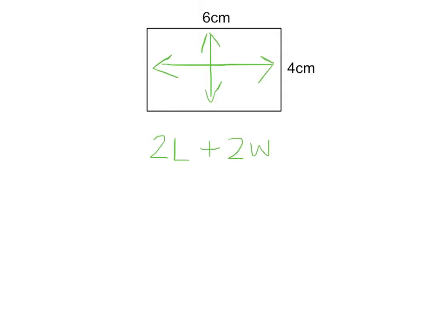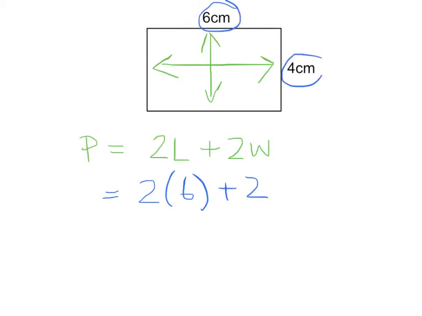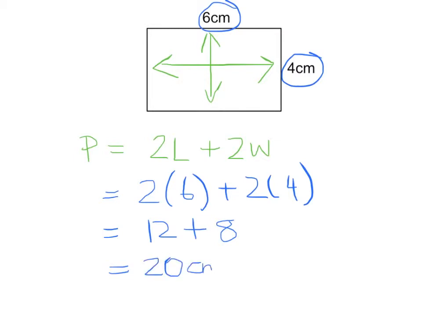So the perimeter of this rectangle is double the length plus double the width, which will be equal to 2 times 6 plus 2 times 4. That gives me 2 times 6 is 12, 2 times 4 is 8, and 12 plus 8 is 20. So the perimeter is 20 centimeters.